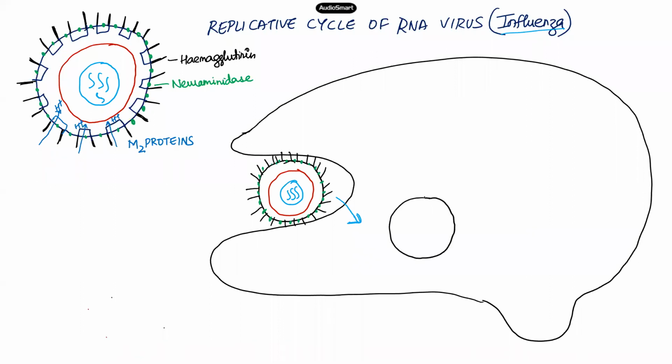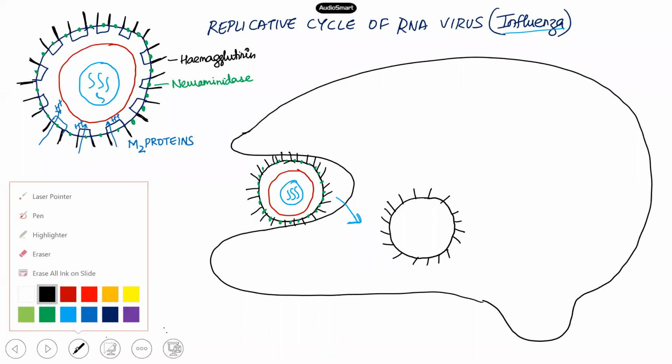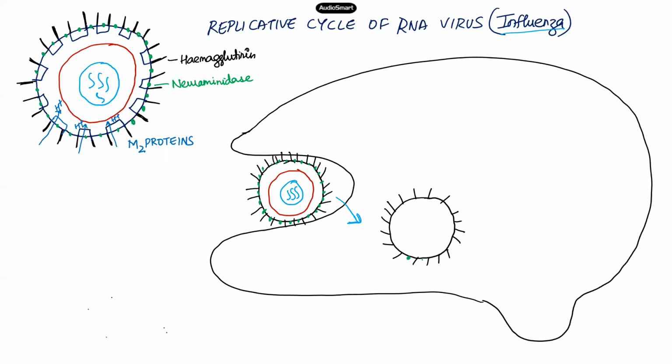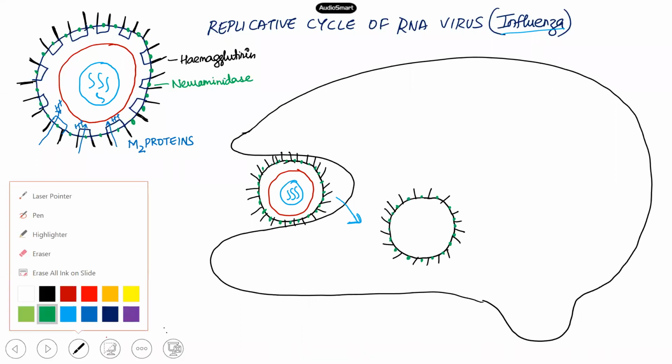And let me just draw the important things. And we have got your spikes, right? And we have got your neuraminidase. Now, here comes the most important part, what we discussed about the M2 proteins.